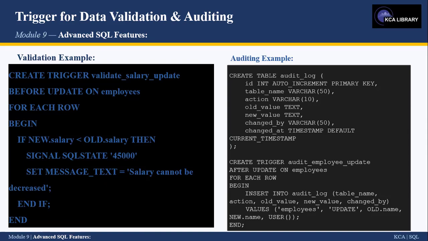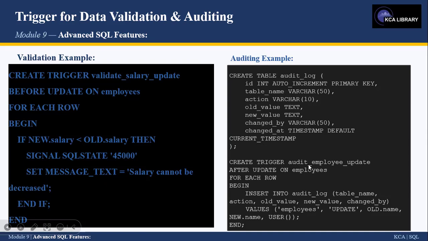For auditing, you can log every change as shown on this page. Create table audit_log: id INT auto increment primary key, table_name, action, old_value, new_value, changed_by, and changed_at.